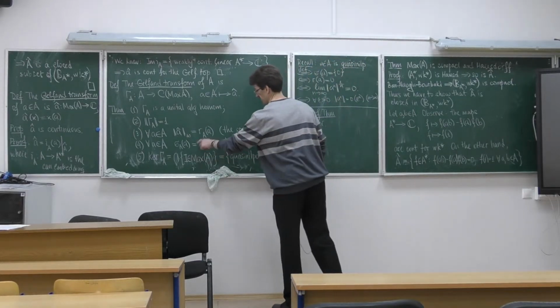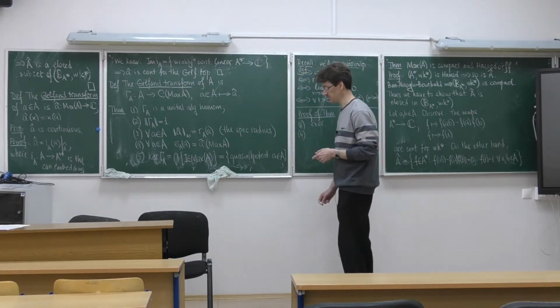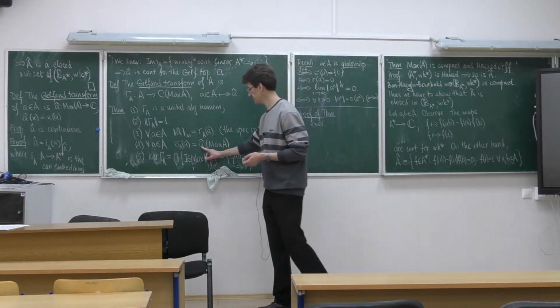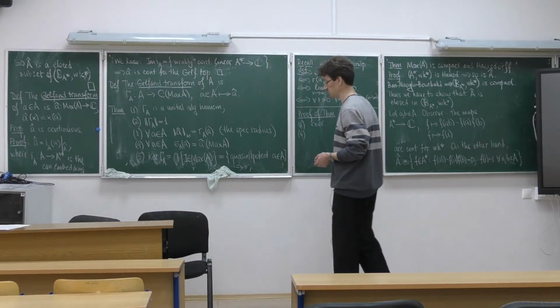Let's look here. The right-hand side of this equality, the range of a hat, is nothing but the spectrum of a hat considered as an element of the algebra of continuous functions.